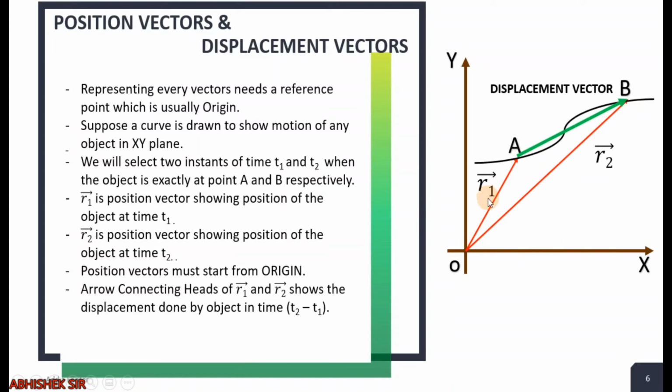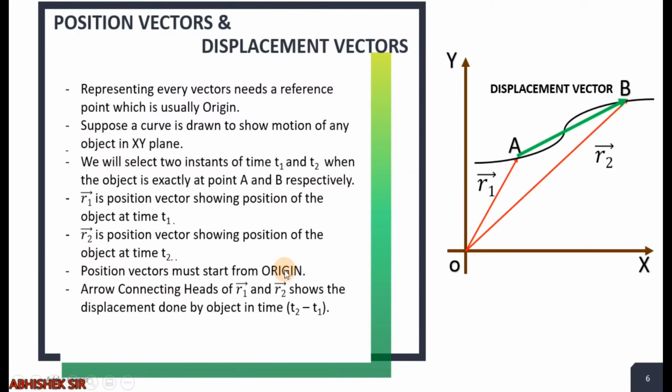So this red arrow is representing R1, and that is nothing but position vector of object at point A at time t1. Same way R2 will be position vector of object at time t2, which is at B. Clear? So R1 and R2 are our position vectors.